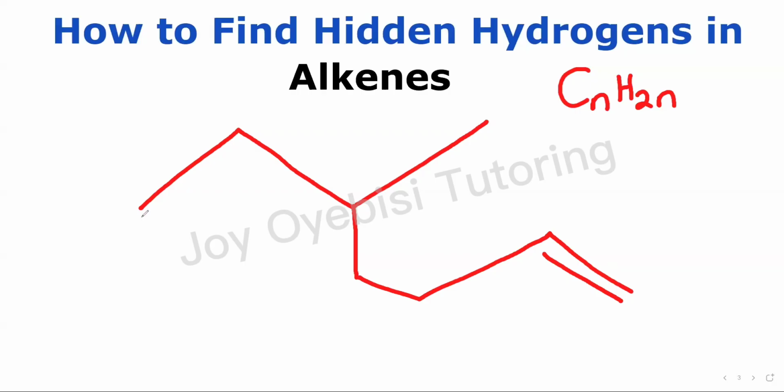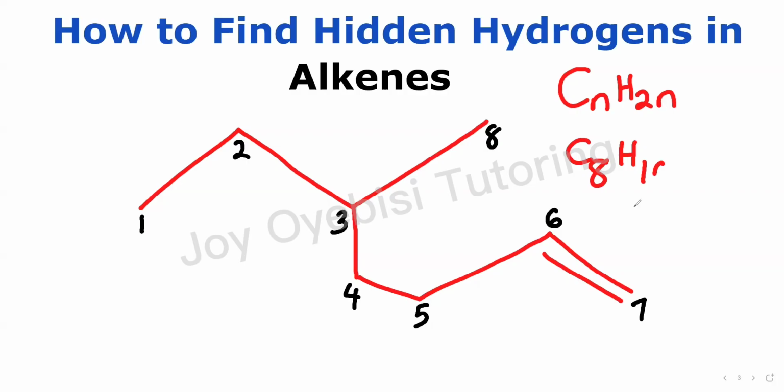So this is carbon 1, carbon 2, carbon 3, carbon 4, carbon 5, 6, 7, 8. So our n is 8, and therefore we're going to have C8. Then we substitute the n value to this. That will be 2 times 8, that is 16. So we have 8 carbons and 16 hydrogens.